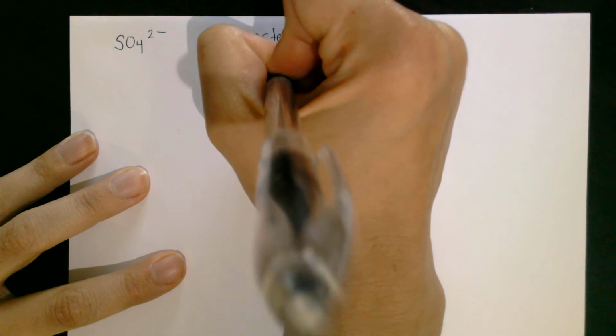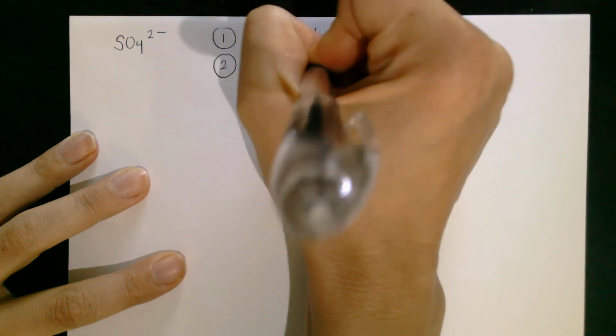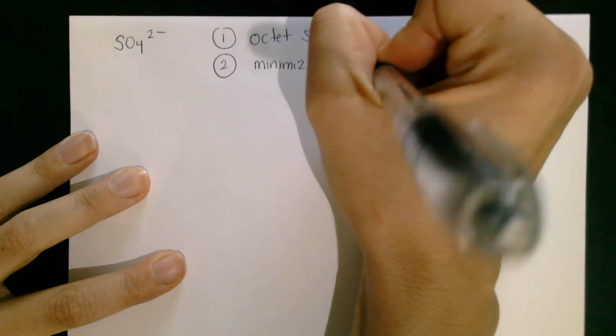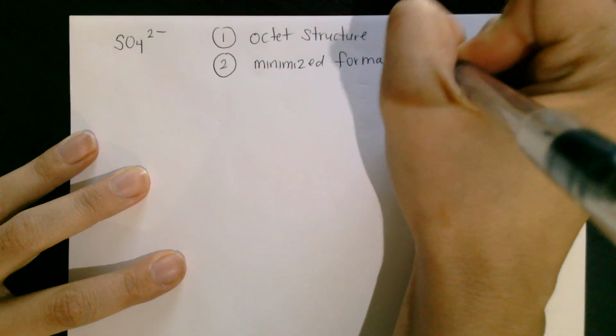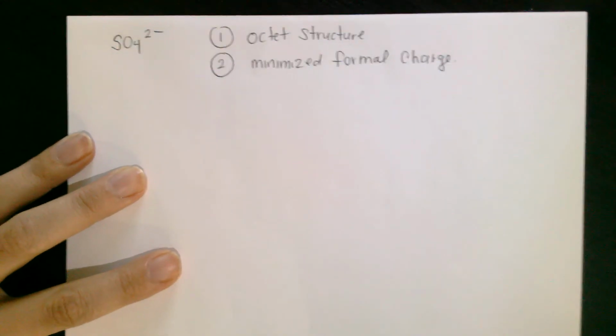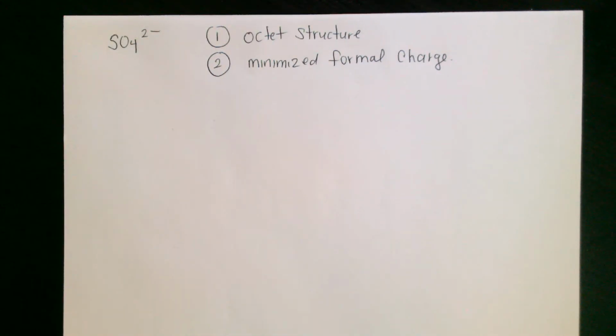And 2, draw a structure with a minimized formal charge. It turns out that even if you can draw an octet structure, a lot of times that's not the actual Lewis structure of your molecule. We're going to see that with sulfate. We can draw an octet structure, that's perfectly fine, but the actual real structure of sulfate is a little bit different because we can minimize formal charge.